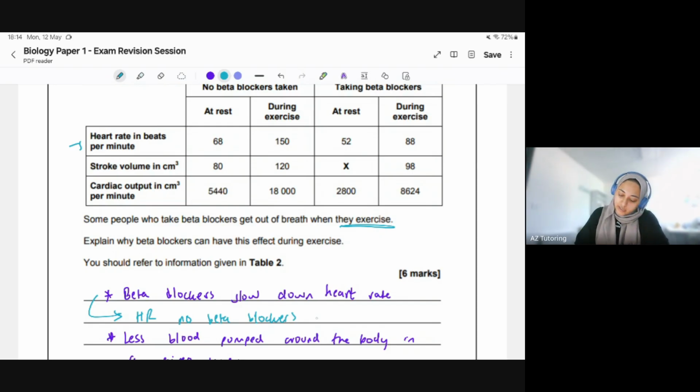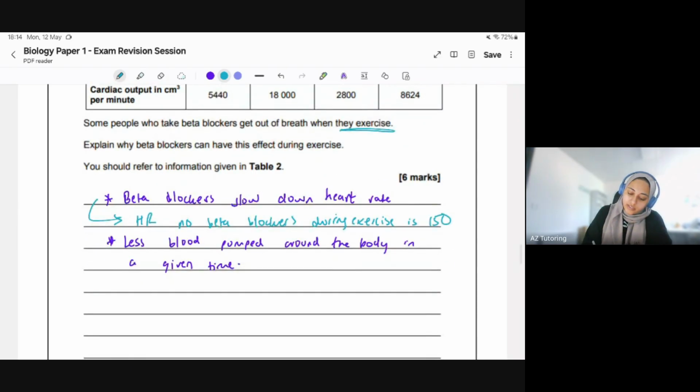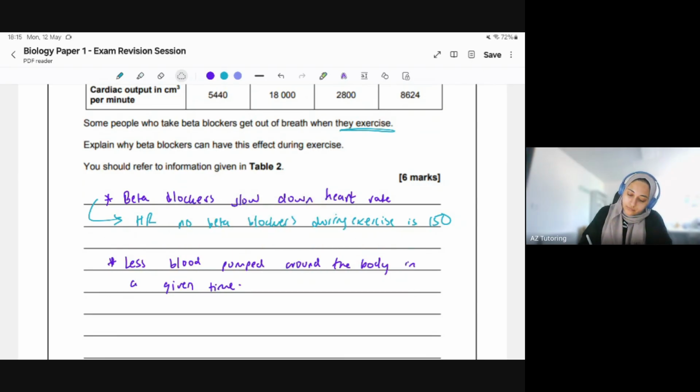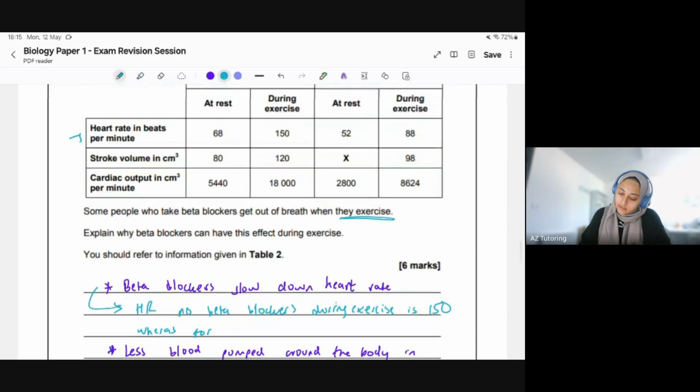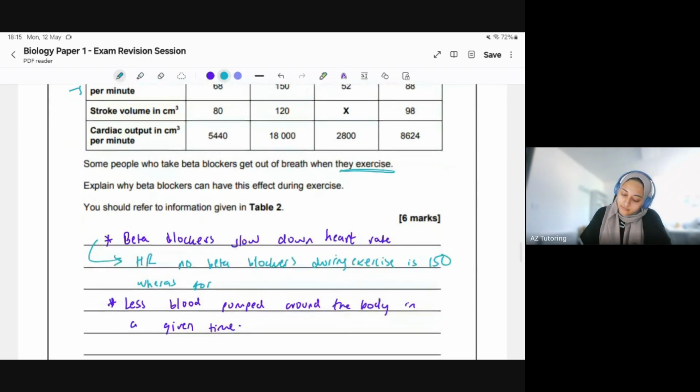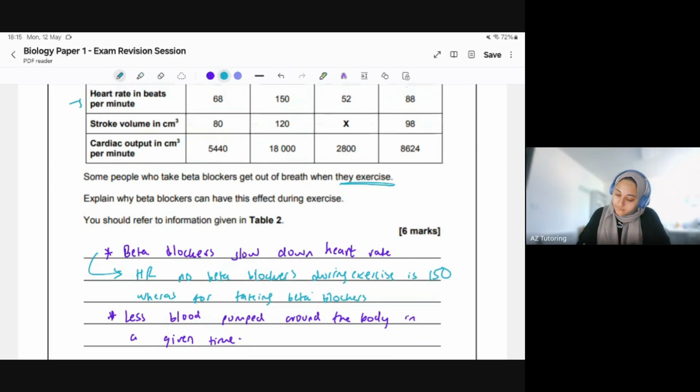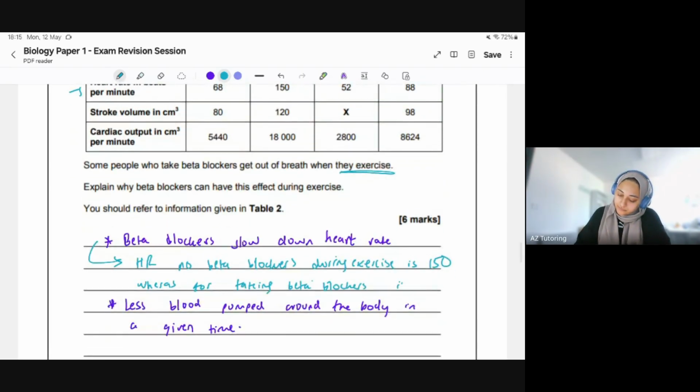We can say during exercise is 150, and then you can say whereas for taking beta blockers is 88. So you're basically proving the point you're making.